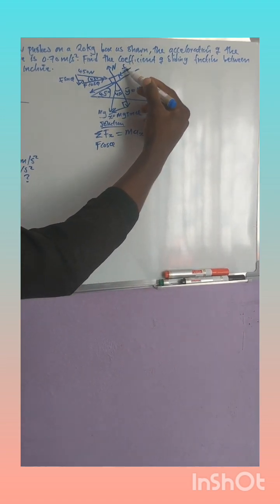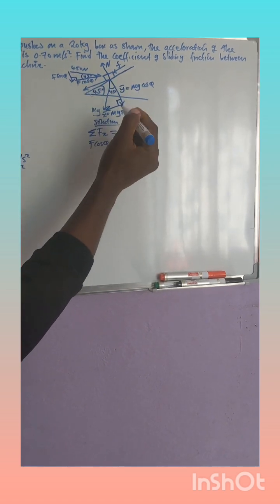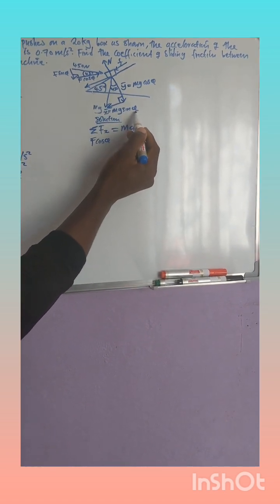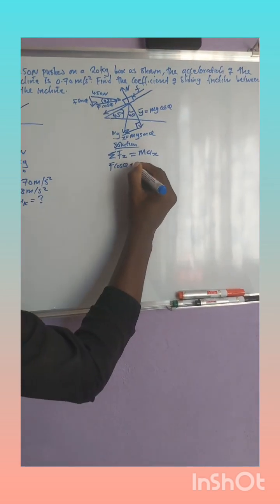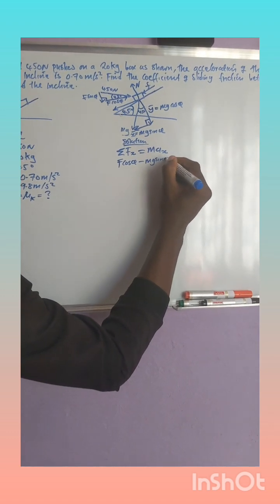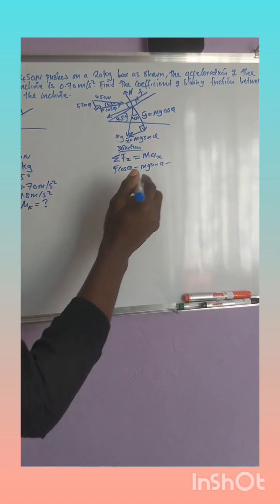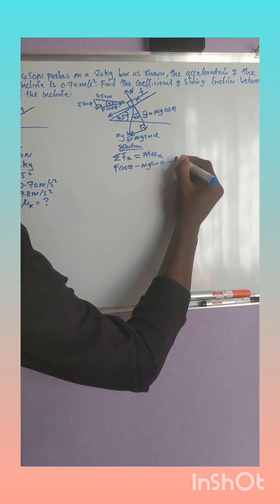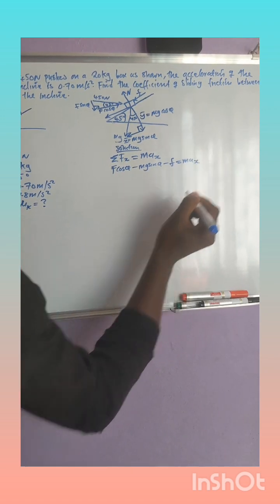We have two forces which are opposing this force, which is the mg sine theta and the frictional force. So minus mg sine theta. As you can see, I'm subtracting, not adding. These are opposing forces. Minus friction is equal to ma x.